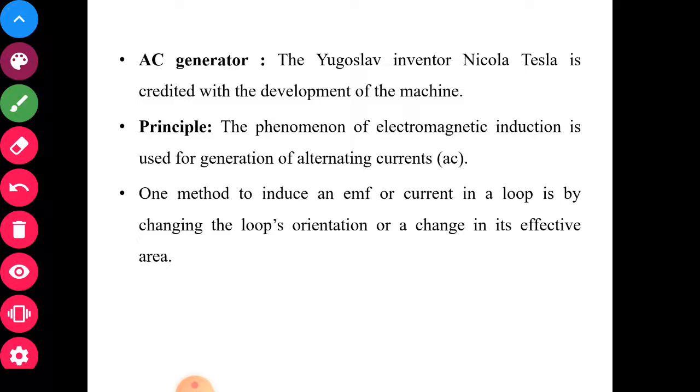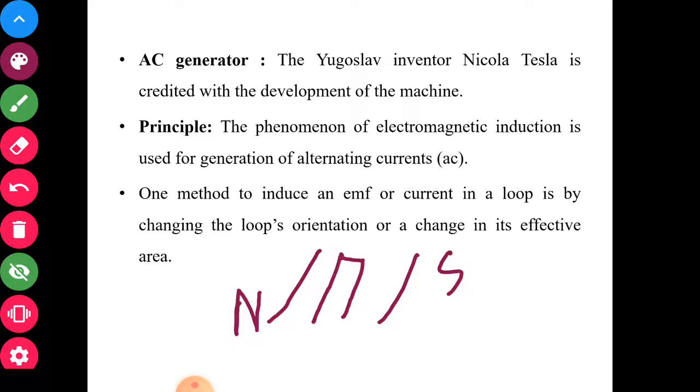Try to understand, when you are changing the orientation of a rectangular coil, if it is rotated between the two poles of a magnet, say this is the north pole and this is the south pole, and you rotate this kind of rectangular coil, then its area vector makes an angle with the magnetic field.